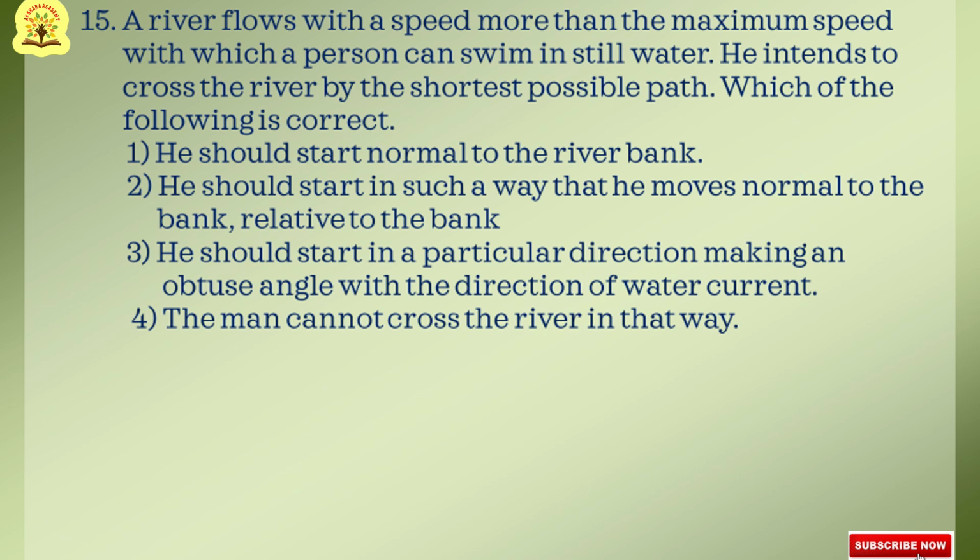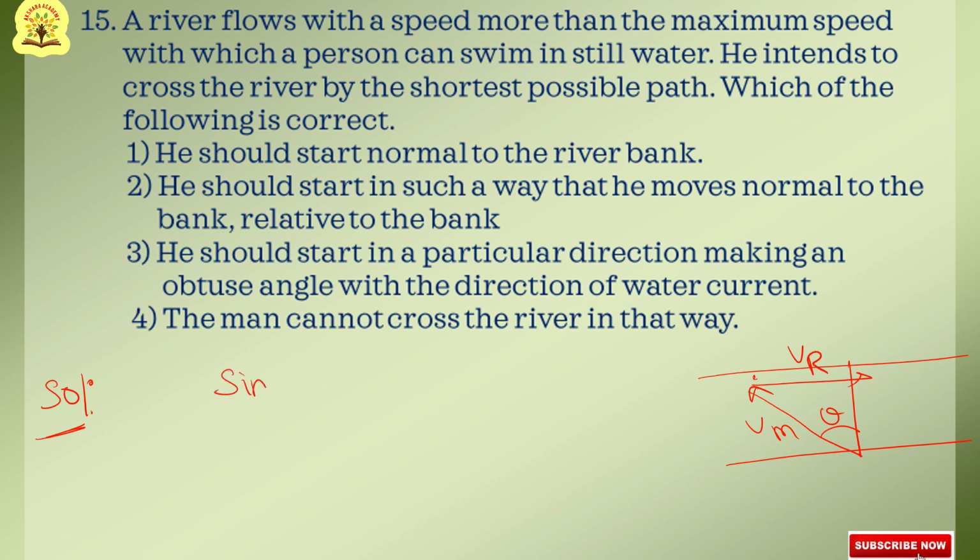Now let us go to the solution. Here suppose this is a river and this is the width of the river, and the velocity of man making an angle theta, and this is the velocity of river. From this we write sin theta is equal to VR by Vm.